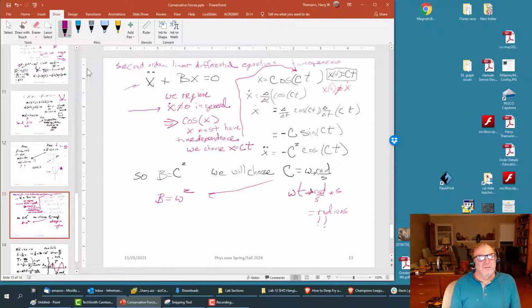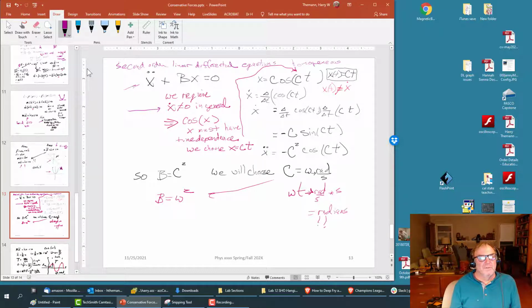In general, if we have a function and we take the second derivative of it, plus some constant times the original function, it equals 0, the general solution to that is cosine of x.